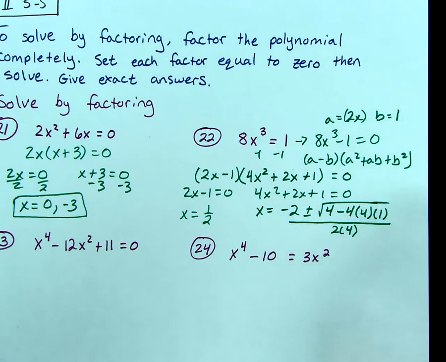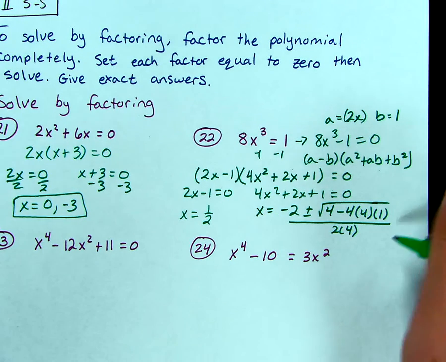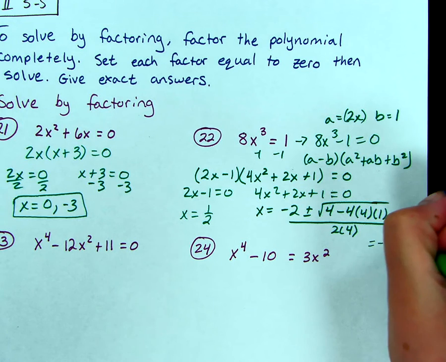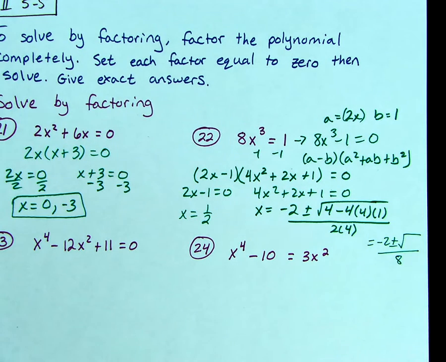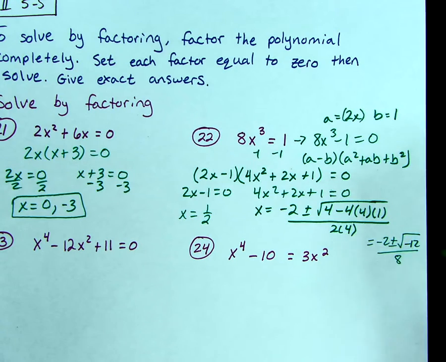And then we're just simplifying this as much as we can. So this is going to be negative 2 plus and minus the square root of something over 8. So here we would have 4 minus 16. So 4 minus 16 is going to give us a negative 12.